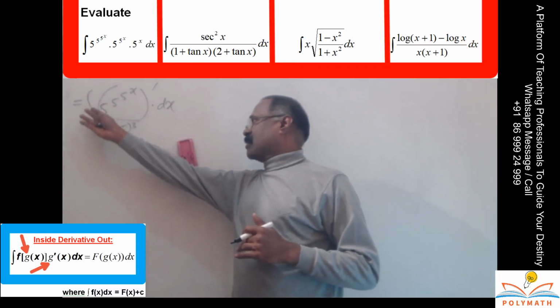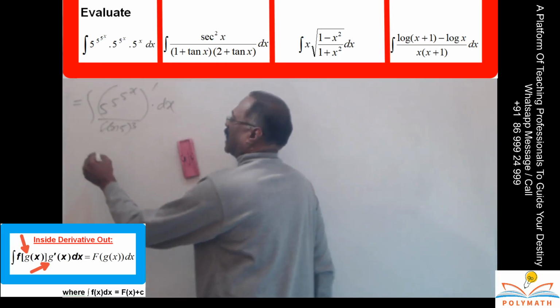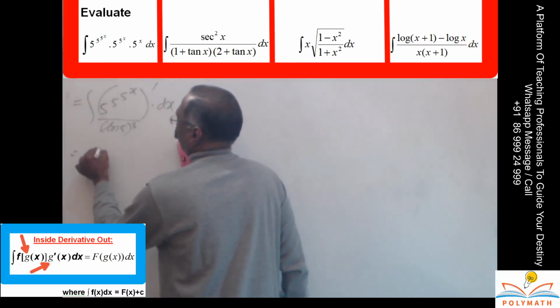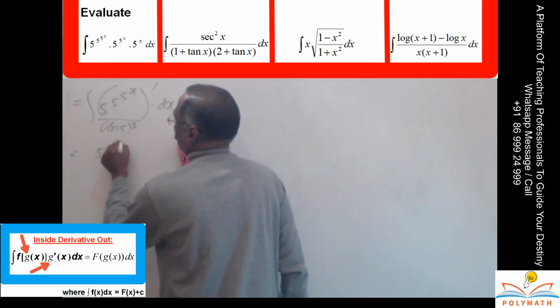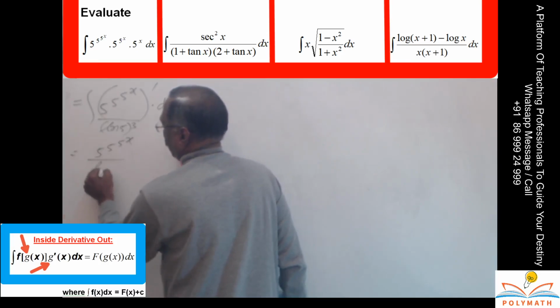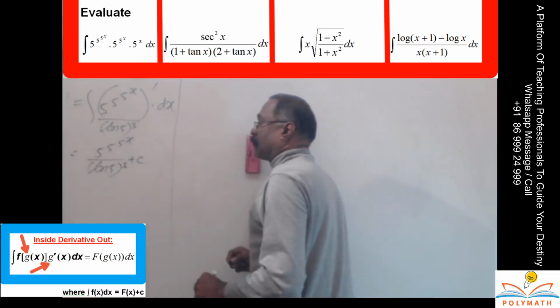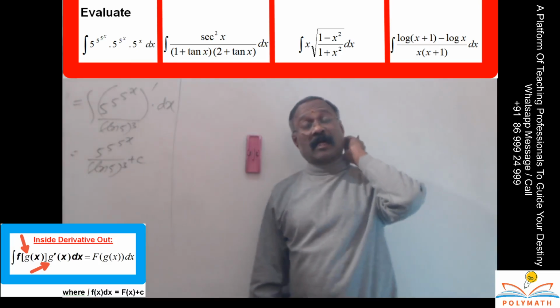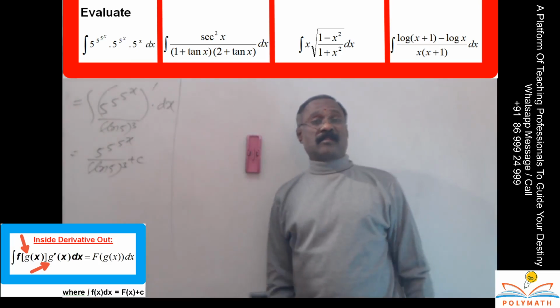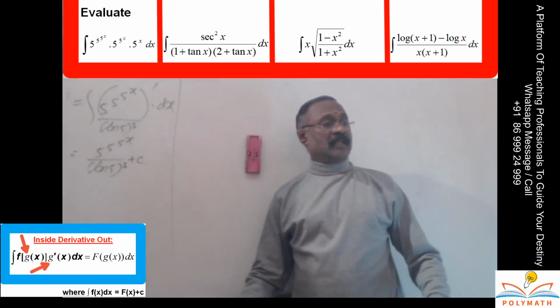Like that, derivative and integral cancel. The answer is 5 power 5 power 5 power x divided by ln 5 whole cube plus c. Think about that.